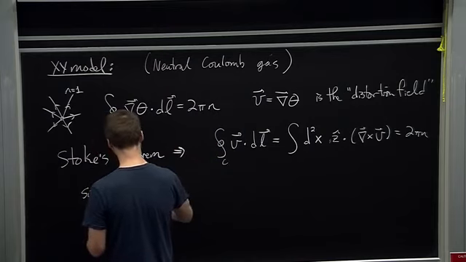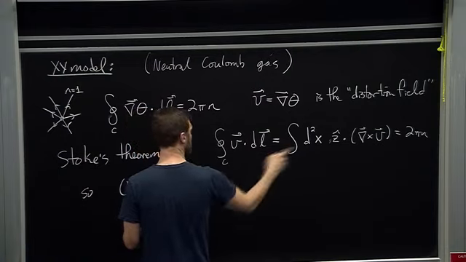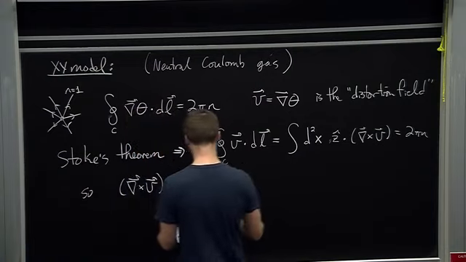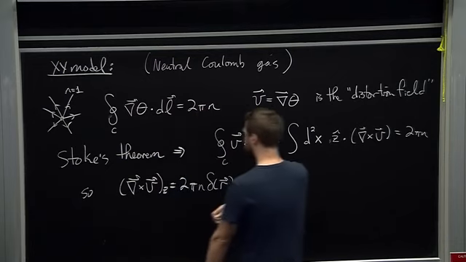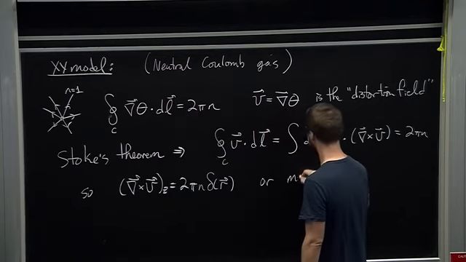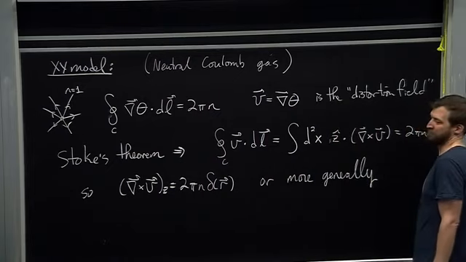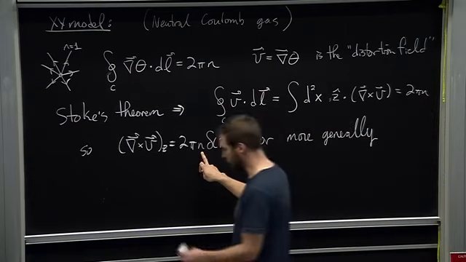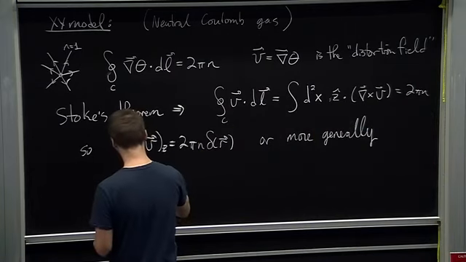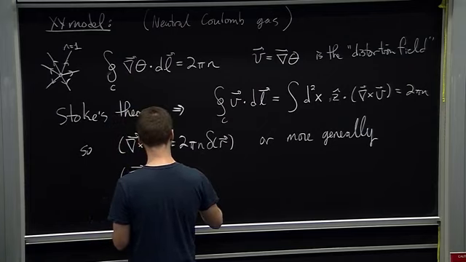So this implies the z component is 2 pi n times a delta function. And for more than one vortex of different charges, I think it's fair to say I can just sum up contributions.